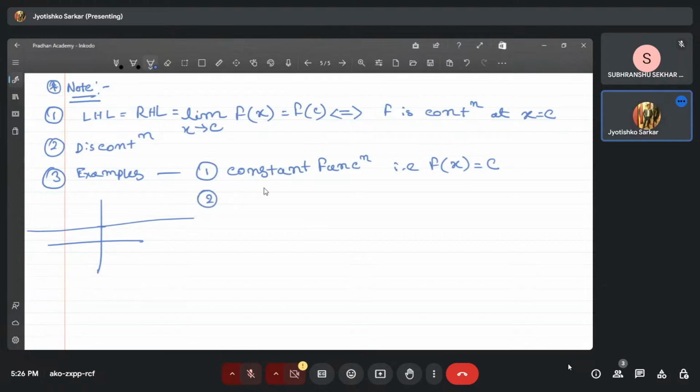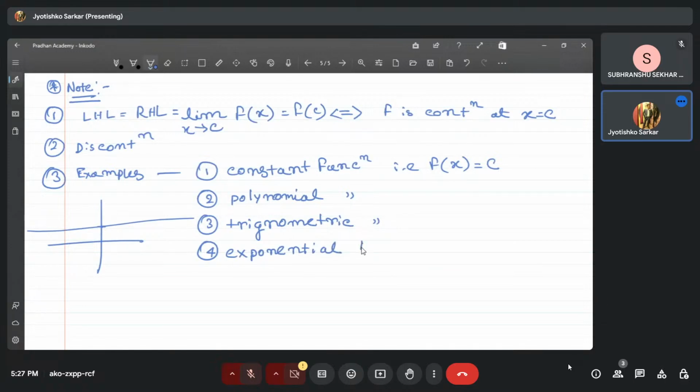Second is polynomial function. Third is trigonometric functions. Fourth, exponential function. Modulus function.